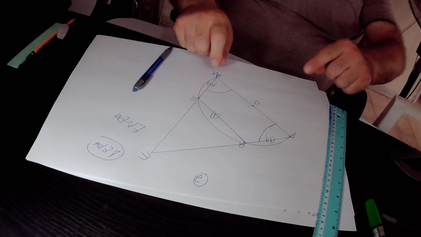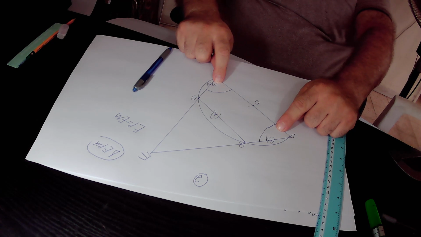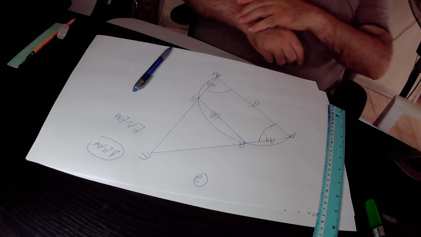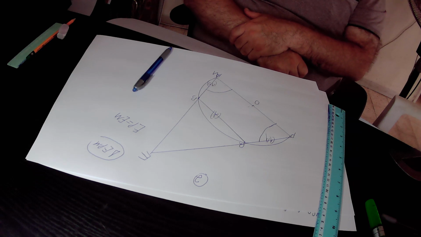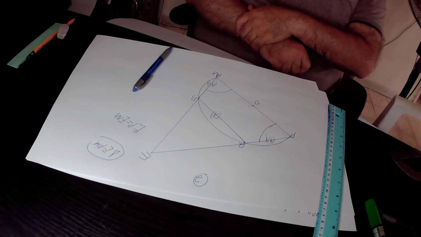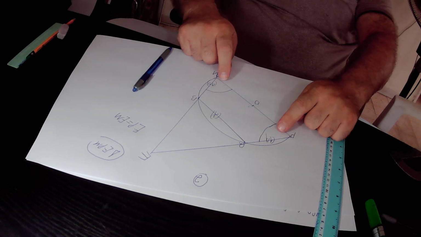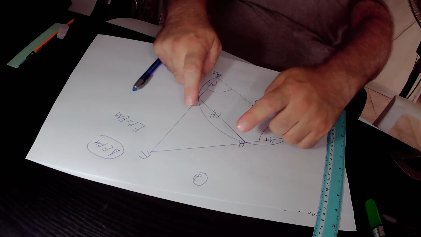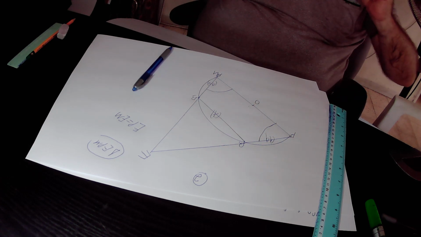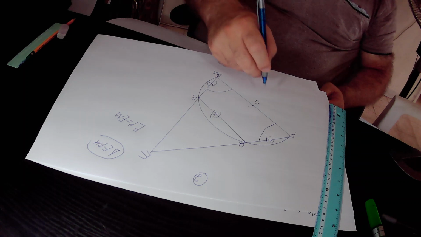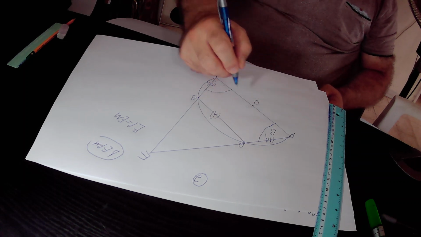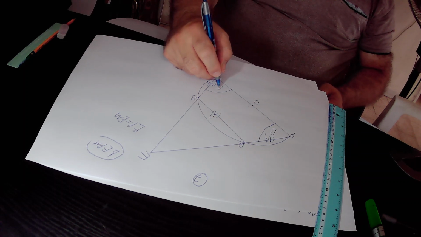And because those two angles are located in front of those two equal sides, they must be equal to each other in their sizes. So if the size of this angle is beta, then the size of this angle must also be equal to beta.